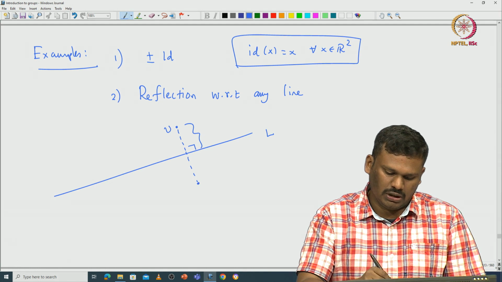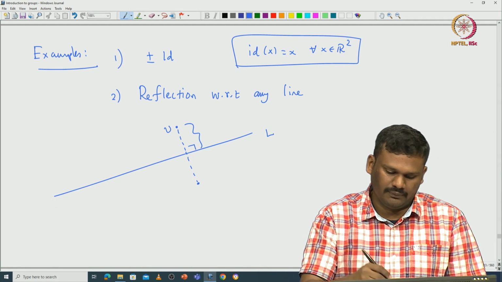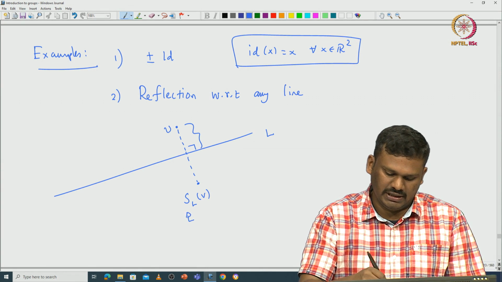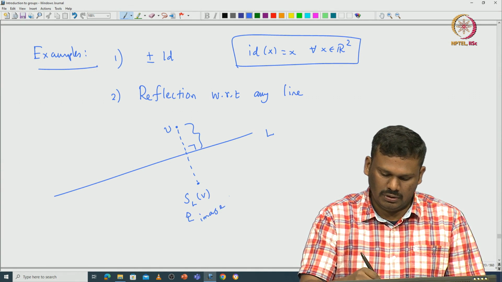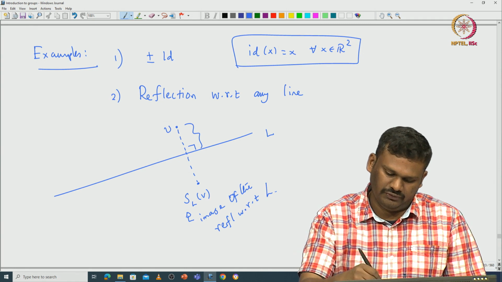Whatever endpoint you get on the other side is your reflection with respect to this line. So, S L of V is the image of V under the reflection.